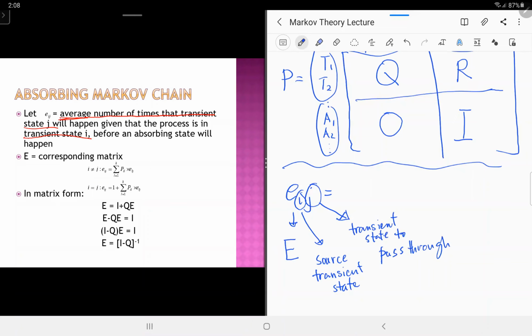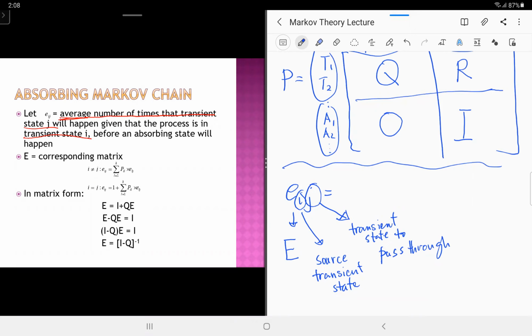Therefore, in E_ij, both i and j are transient states. Your source transient state is your i, whereas j is the transient state that you will pass through before you get absorbed into an absorbing state. Remember, if you enter an absorbing state, you're never going to leave that state again, and hence you can never go back to that transient state.